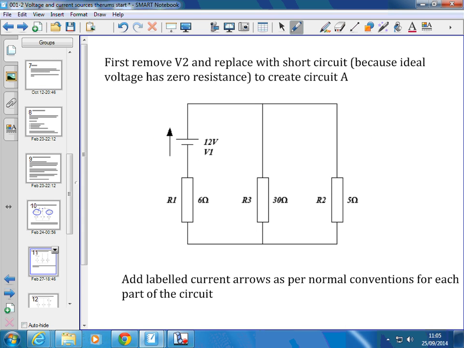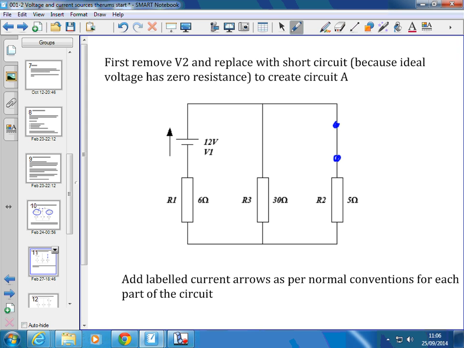So the first thing to do then is take out one of the sources. I've taken out source V1. Right? I've replaced V1 with the internal resistance of an ideal voltage source, a short circuit.